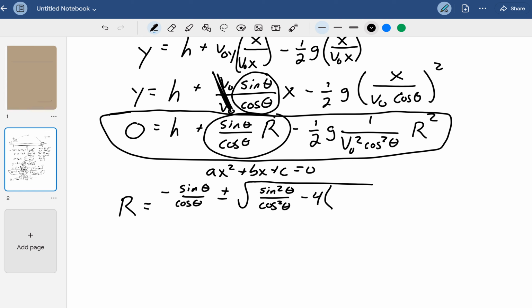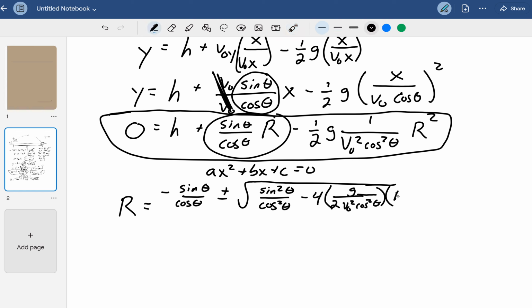So I'm just going to write it and keep it nice and neat for me. So a is going to be g over 2 times v naught squared cosine squared theta. And then times c, which c here is always the constant term, the one without the x, or in this case the r, so that's just h.